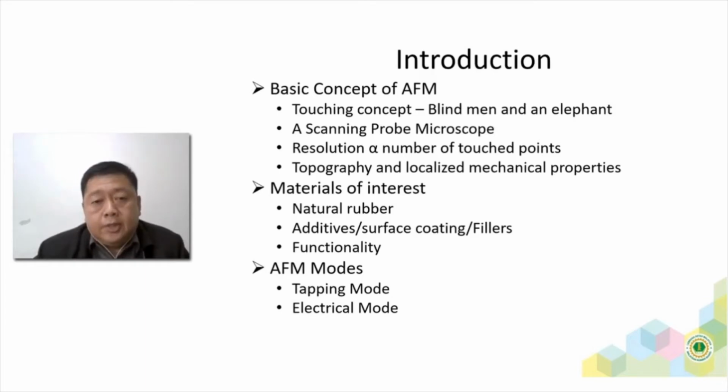The other type is the surface coating. We don't use graphene as a coating material, but we use another type of material for coating. I will share with you later on. The AFM modes that we are using here are the tapping mode and also the electrical mode.